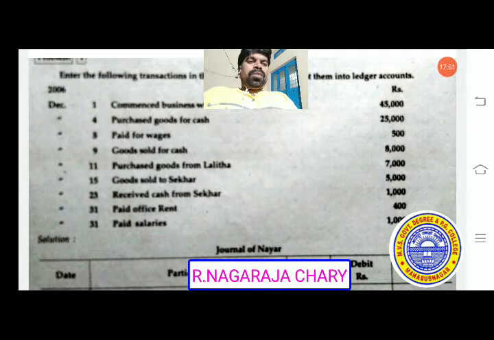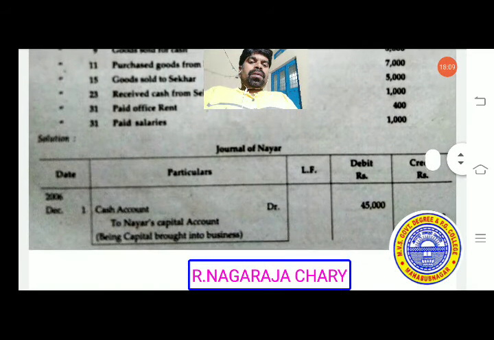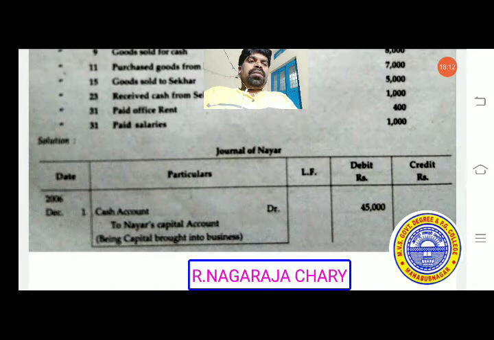He is providing cash, so cash comes under property or asset account. That is real accounts. So according to real accounts you have to post cash, and according to personal accounts you have to post capital account. So let us see the entry: cash account debtor.